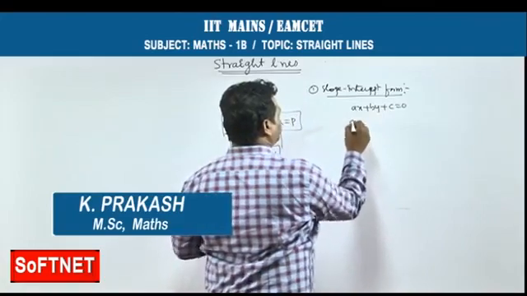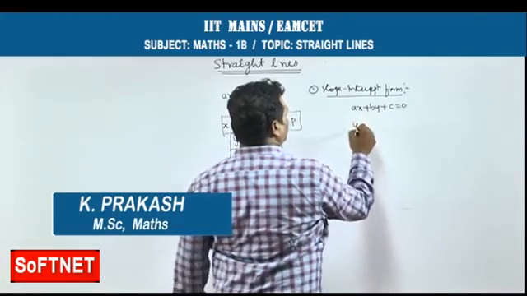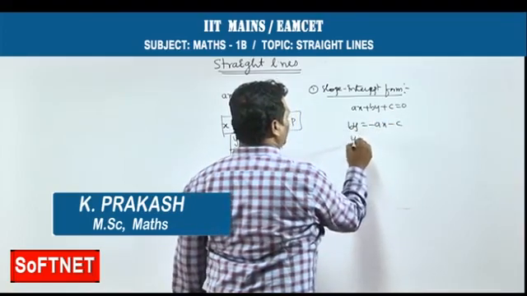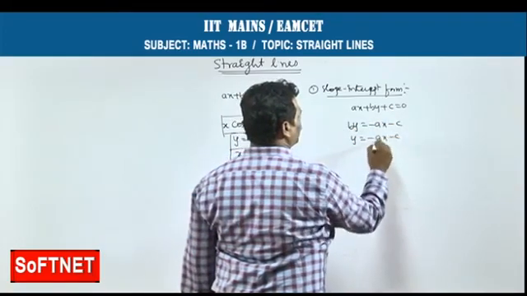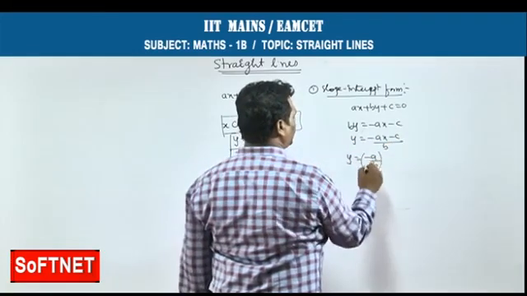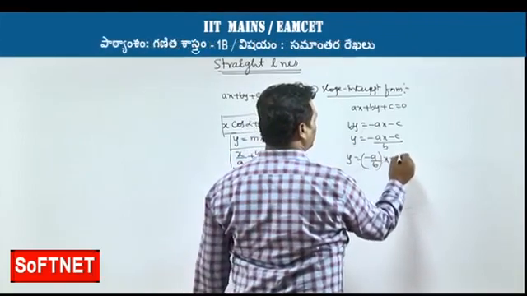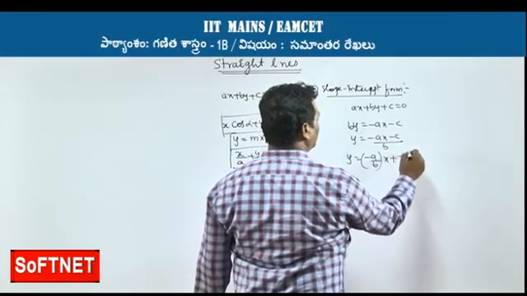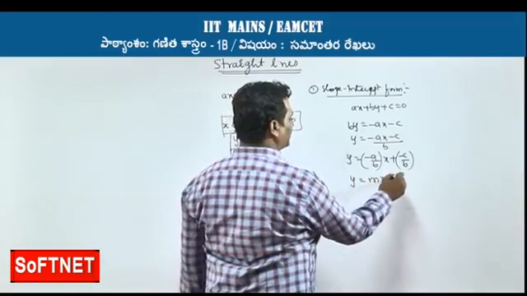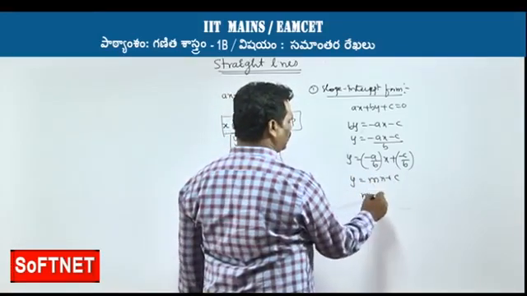It can be written as by is equal to minus ax minus c. So here y is equal to minus ax minus c, all by b. So y is equal to minus a by b into x, minus c by b. It is in the form of y is equal to mx plus c. What is m here? m is equal to minus a by b.